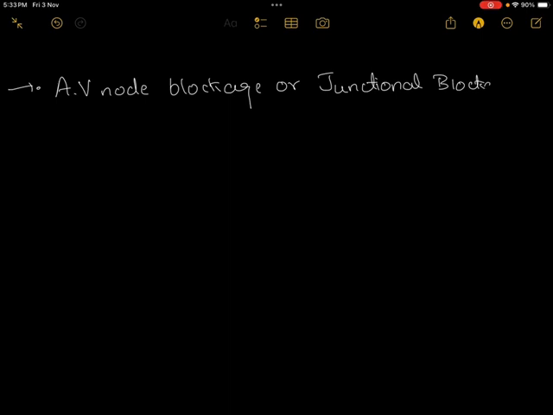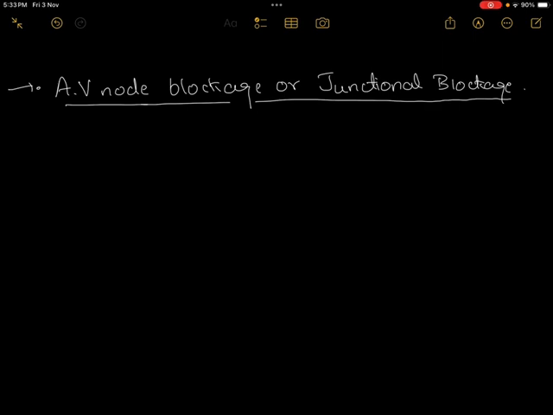The answer is, as you know, the AV node is present in the junction between the atrioventricular walls of the four chambers. So it is present in the junction, and if there is a blockage over there, then we define the term as junctional blockage.